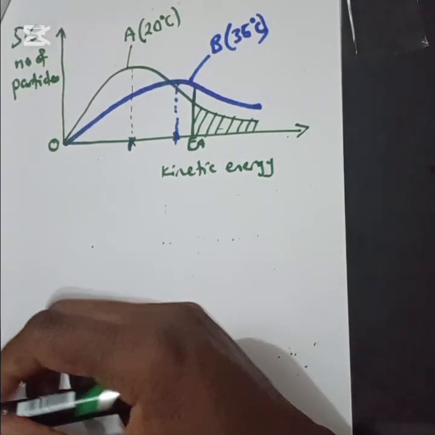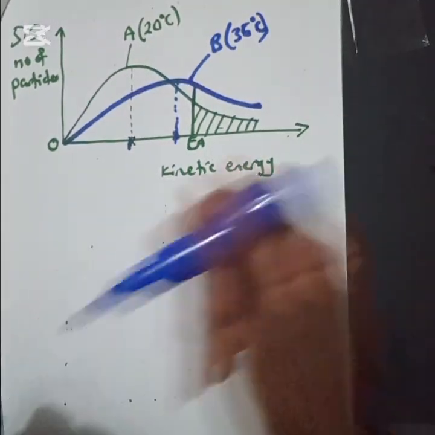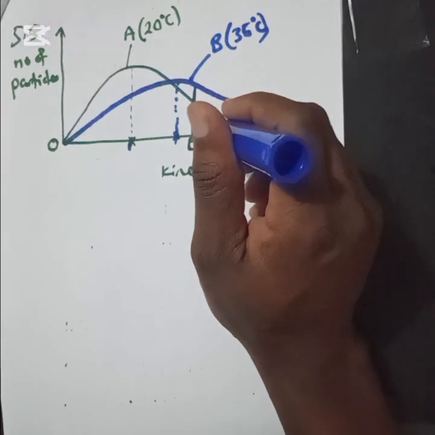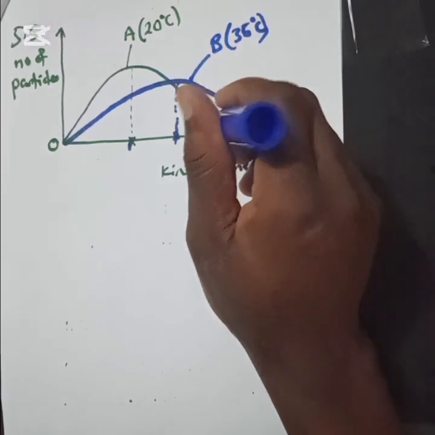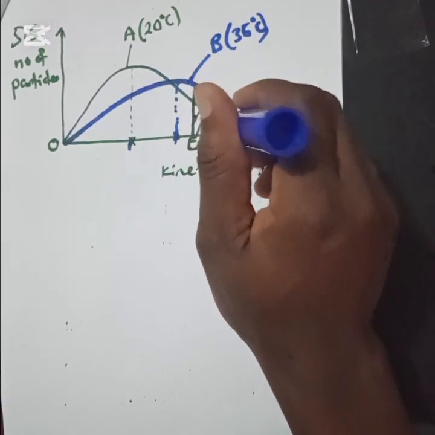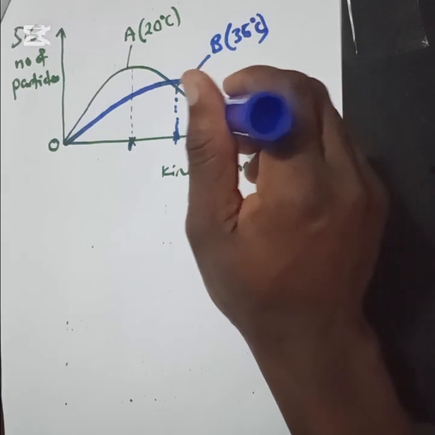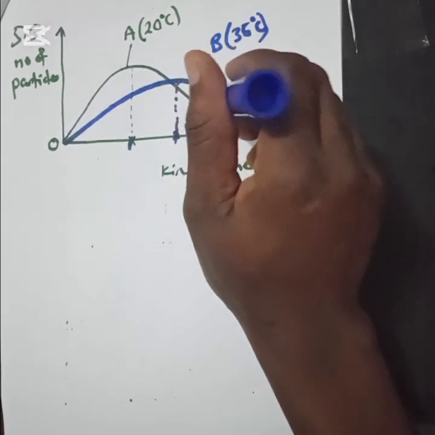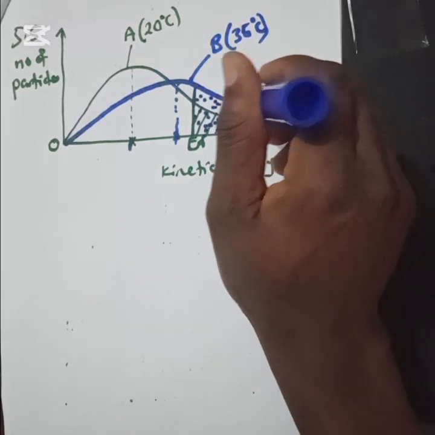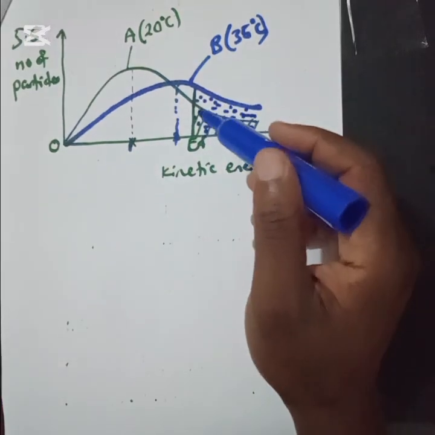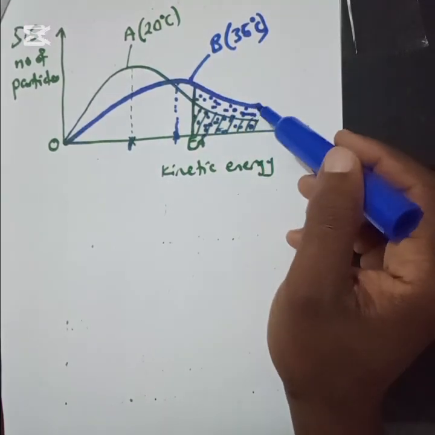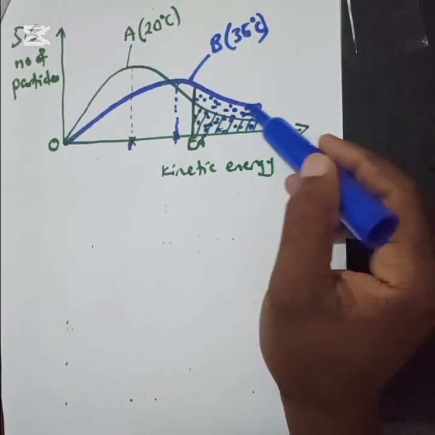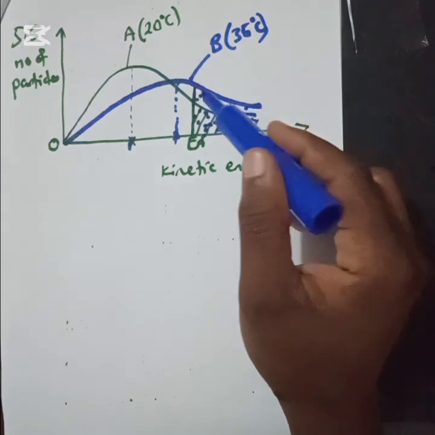So at that higher temperature, the number of particles with sufficient kinetic energy will increase. It will be these particles plus these additional particles. So you can see here that by increasing the temperature, we now have more particles with sufficient kinetic energy.